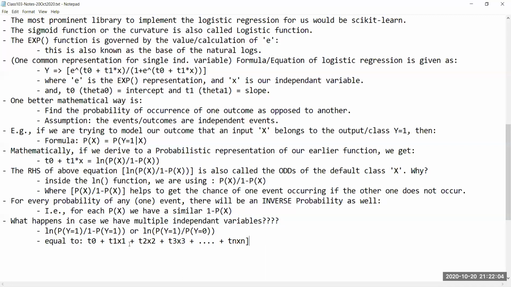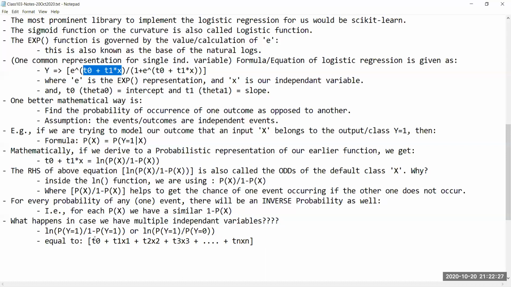If you know why I took the logarithmic approach, or why I took the probability approach and then merged it with the logarithm on both sides, the reason is that I wanted to exclude the dependency of calculating a gradient descent, so that I can arrive at the values of theta 0, theta 1, which I don't need anymore.